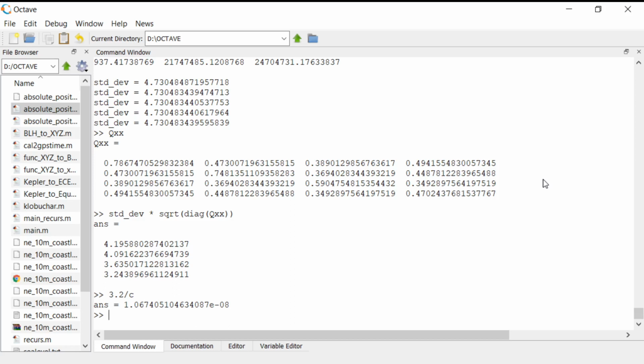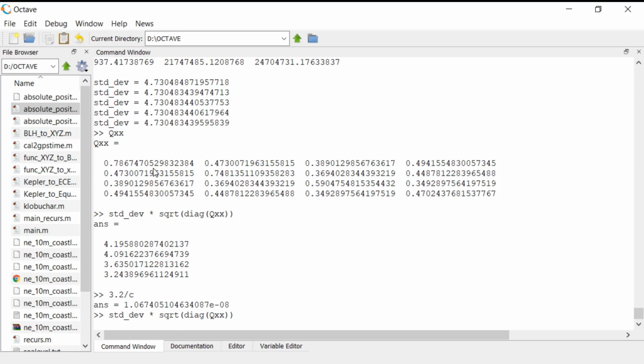So another point here would be the DOP values, the so-called dilution of precision. As you know, here I multiplied by the square root of the diagonal of my Qxx matrix, or my cofactor matrix for the unknowns.